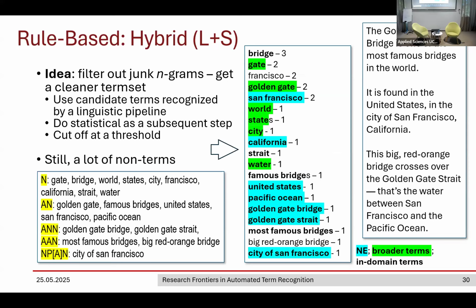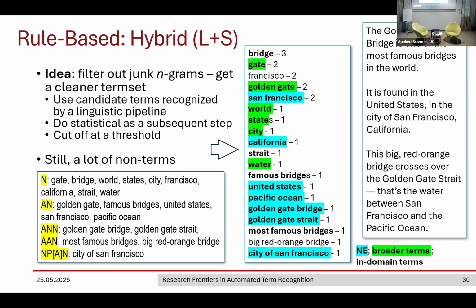And you use these candidate terms recognized by a linguistic pipeline to further apply the statistical pipeline of processing. And then you cut off at a threshold. This is the result of the linguistic step, and this is the result of the linguistic and statistical step.